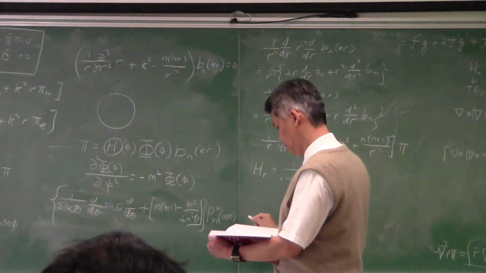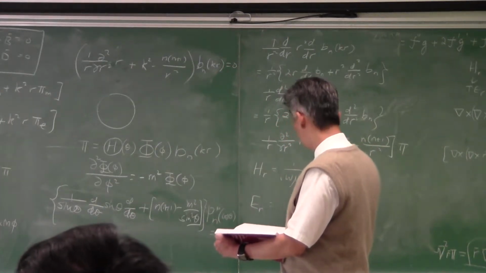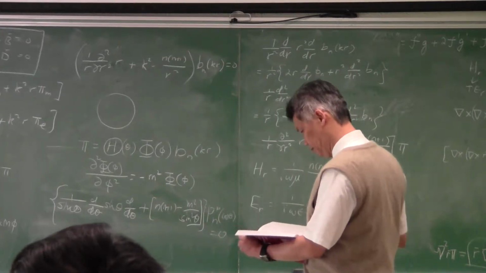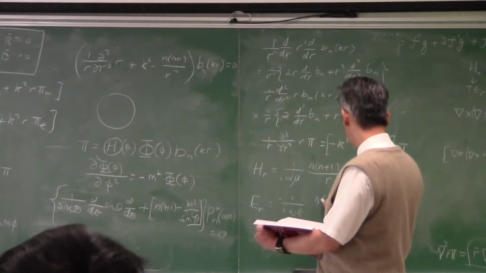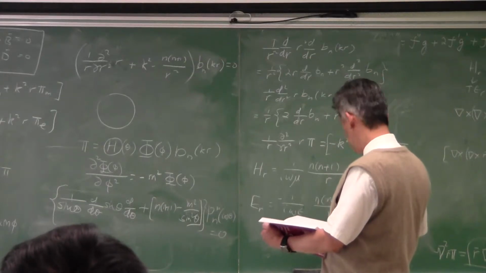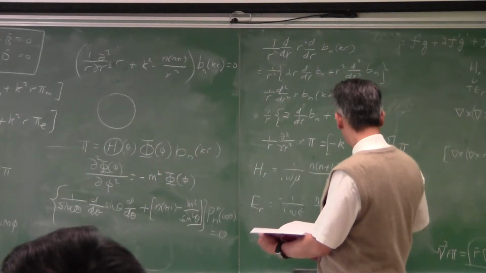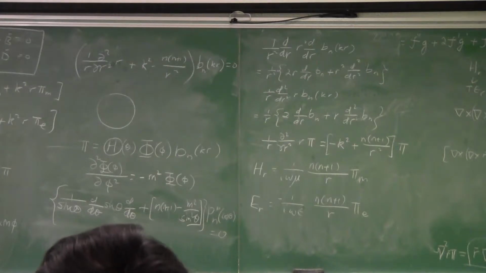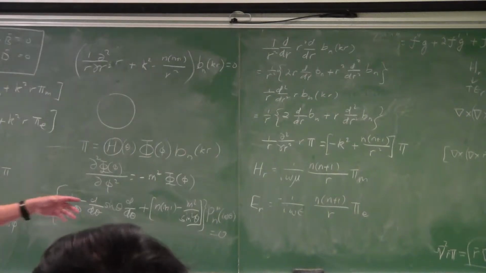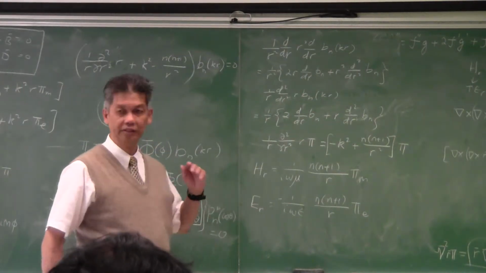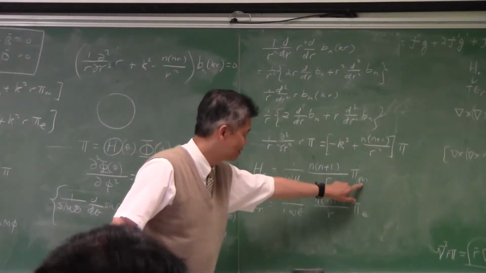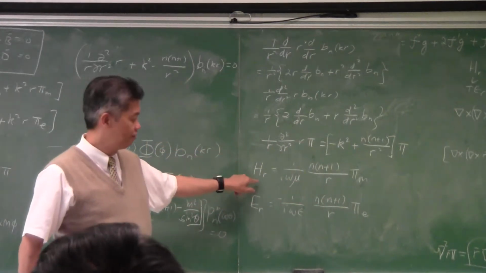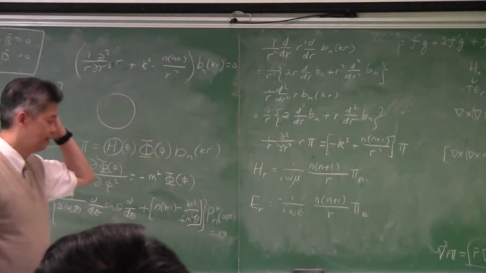And then ER should be equal to 1 over i omega epsilon n plus 1 over r i E. Right? So you asked me what the physical meaning of the bipotential is. I can also say that the bipotentials are directly related to the R components of the E field and the H field for the TE wave and the TM wave. Okay, that's why I call this M, because this actually is related to the magnetic field. This thing is actually related to the electric field.